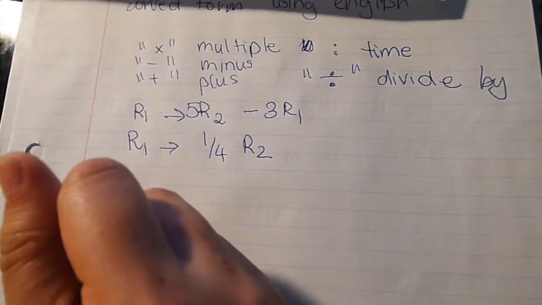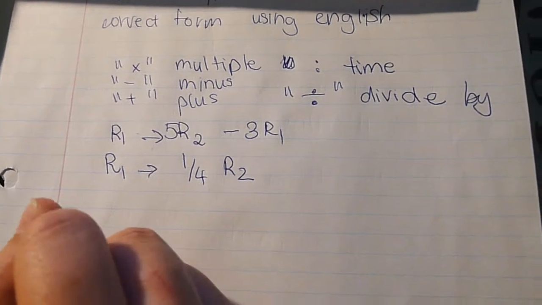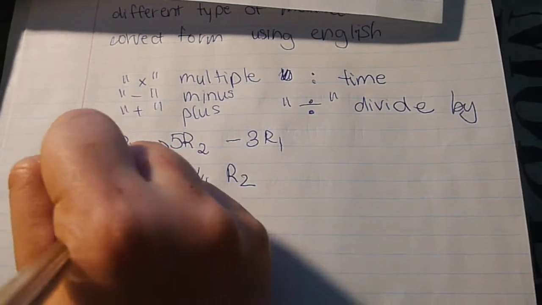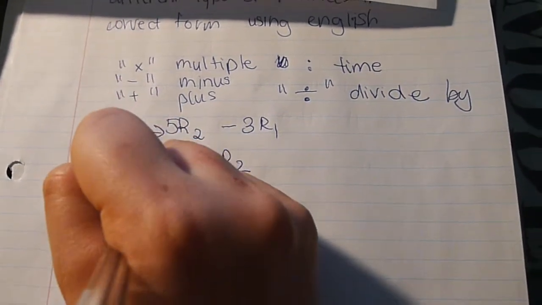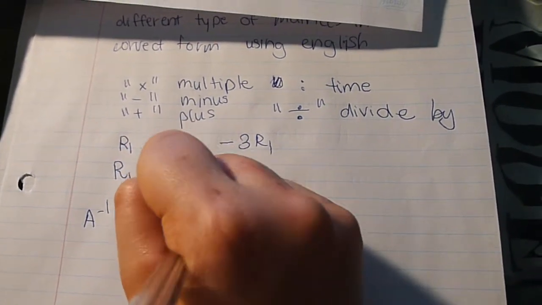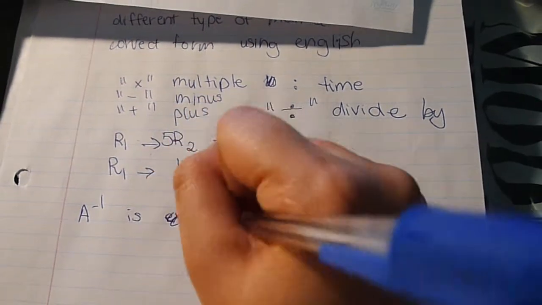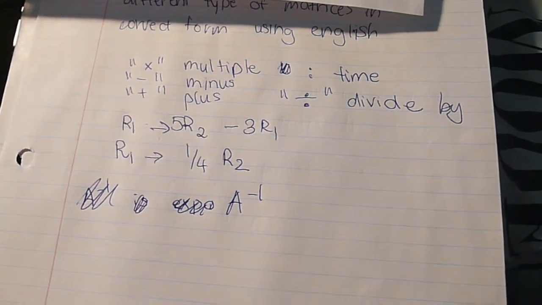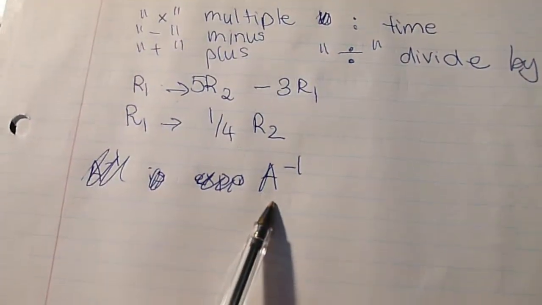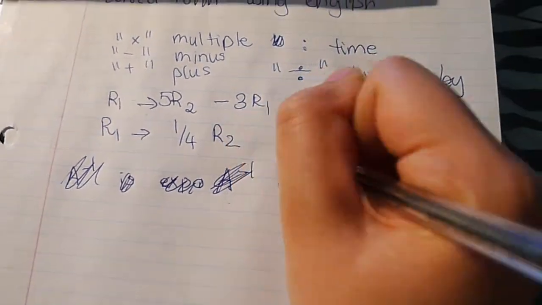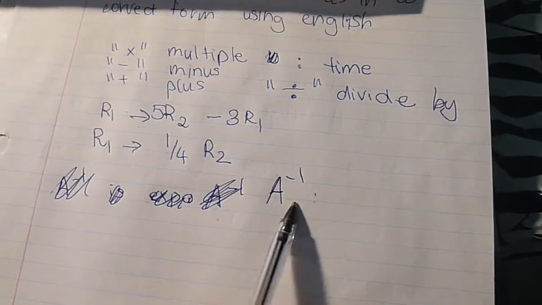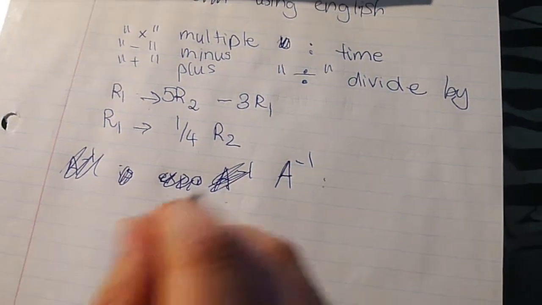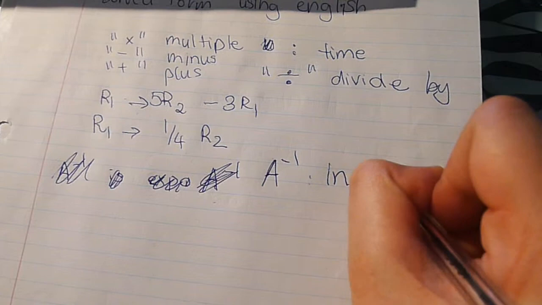So we know a to the power of minus 1 is usually said as a to the power of minus 1, but in matrices we don't say that, we call it invertible.